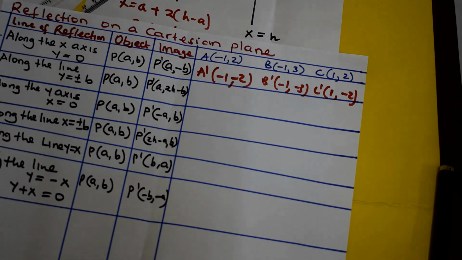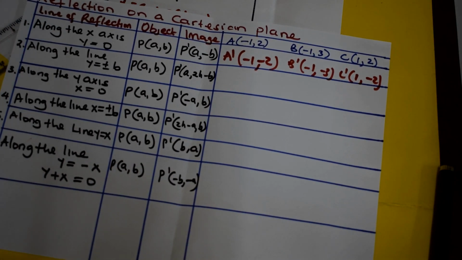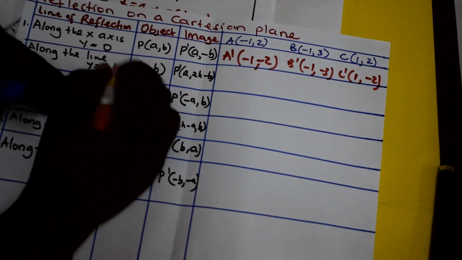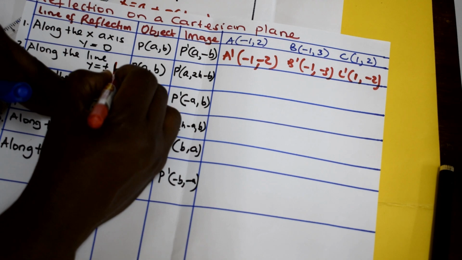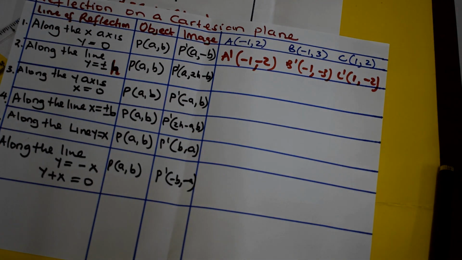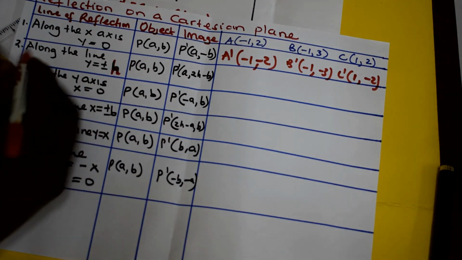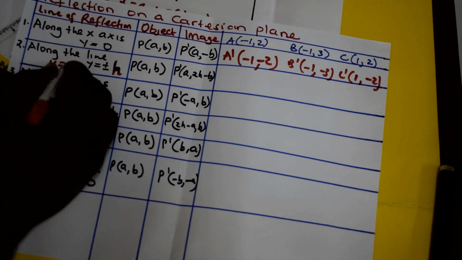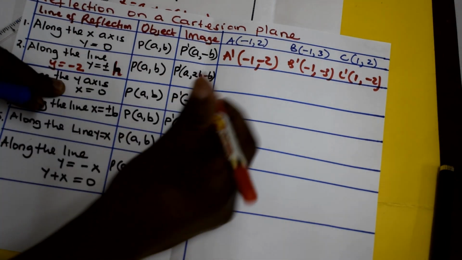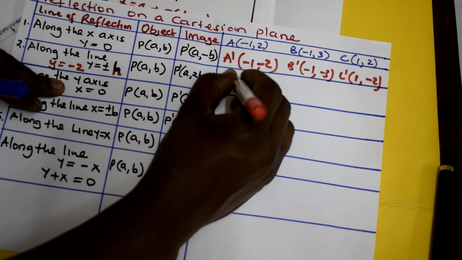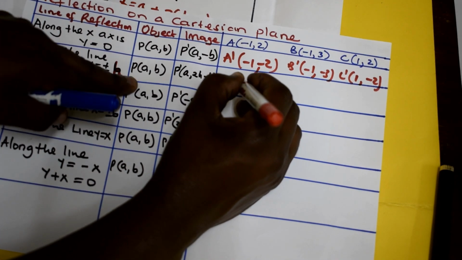Next we have reflection along the line y equals plus or minus b, the one we are talking of as h. We can choose one. Let our line be y equals negative 2. So what happens? A remains, so we're going to have A prime.